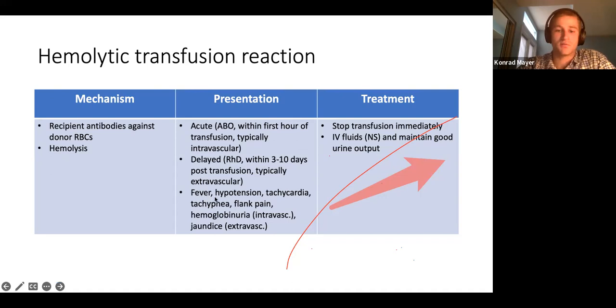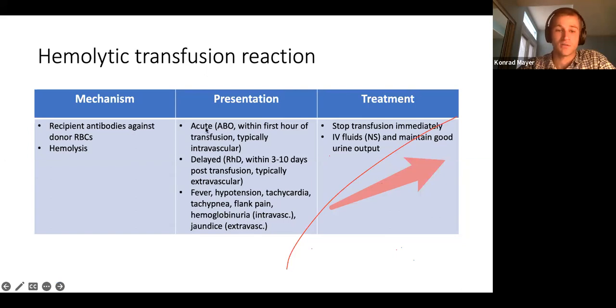So the patients will present with hypotension, fever, tachycardia, flank pain because of kidney damage, because hemolysis and the released hemoglobin is damaging to the kidneys, which will result in flank pain.